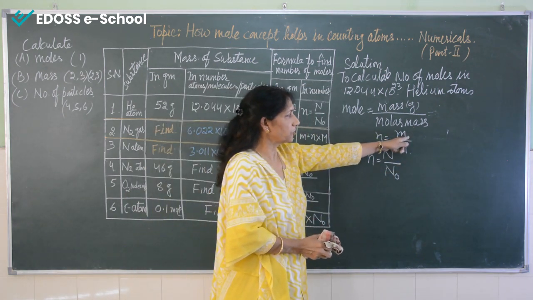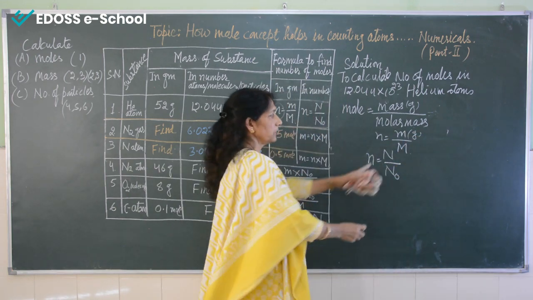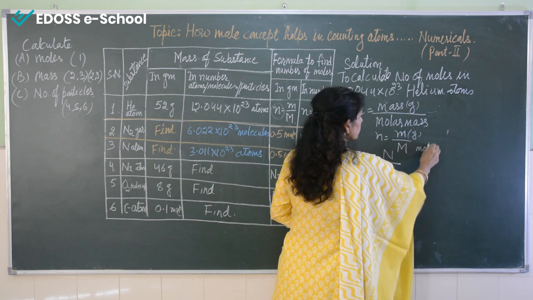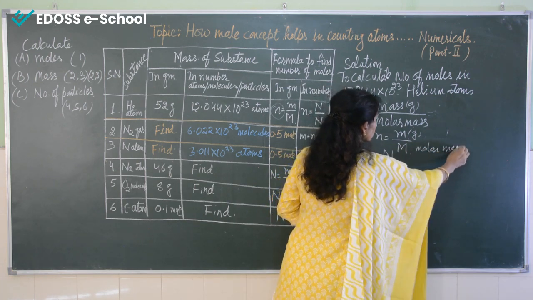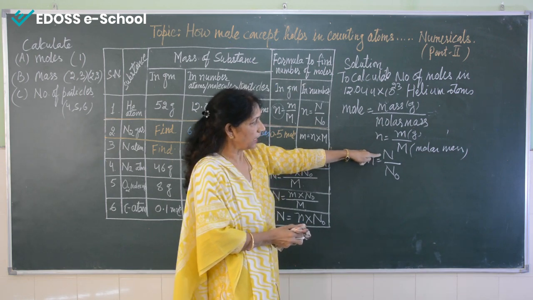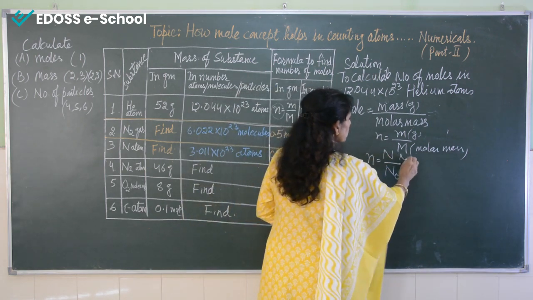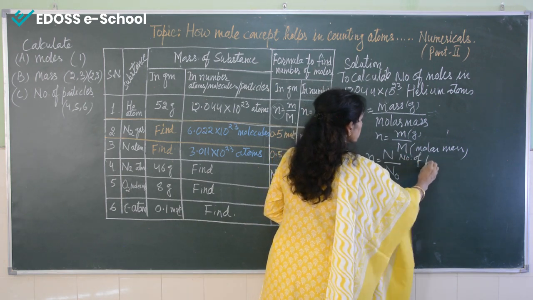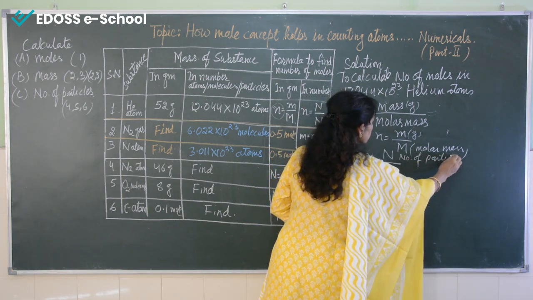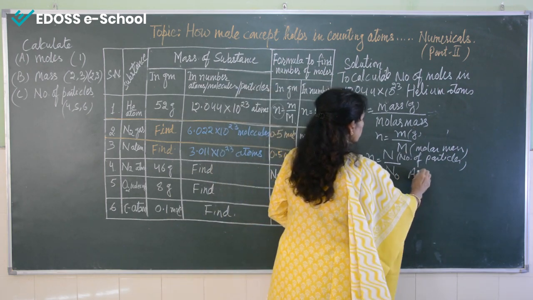Here we took mass in grams and this is molar mass, but in place of mass in gram, they have given us the number of particles, and this is the Avogadro number.